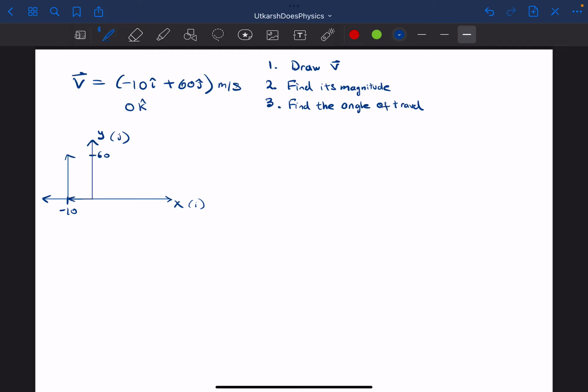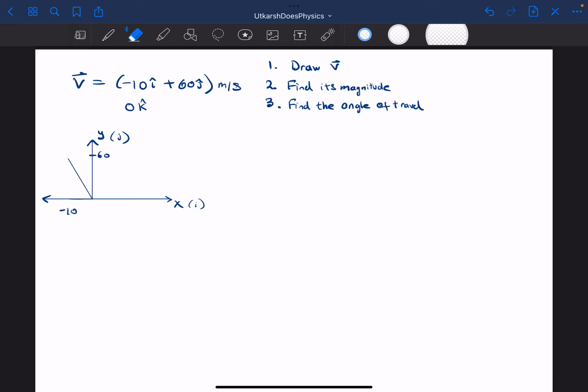So this is the point that we want, and we're just going to draw the vector. That is the vector we are after.